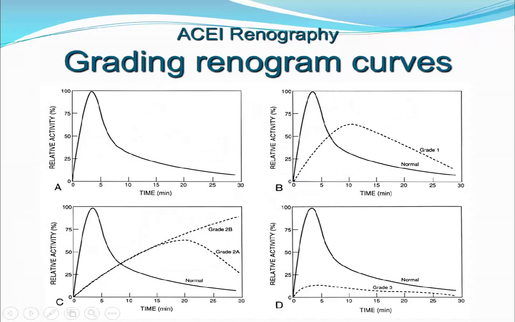And lastly, grade 3, when the renal system affects the renal function, so it appears with marked reduction and affection of the renal function.